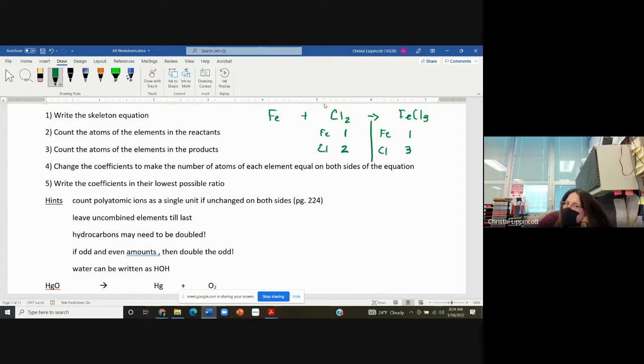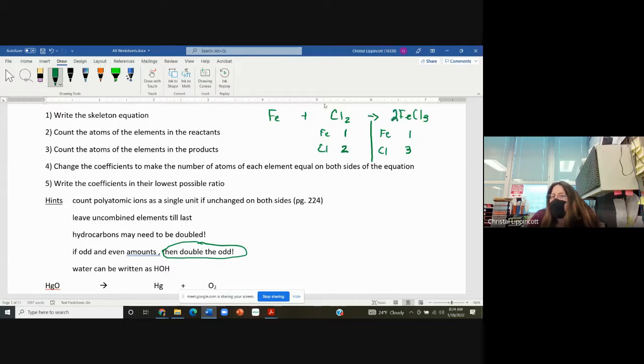So I am going to look for the lowest common multiple between 2 and 3. 6. Now, I will also tell you that even and odd, typically you want to double the odd. So since this is the odd one, I'm going to start here.